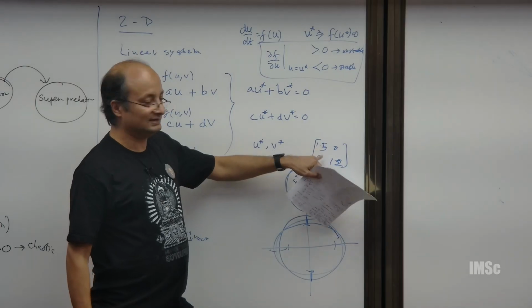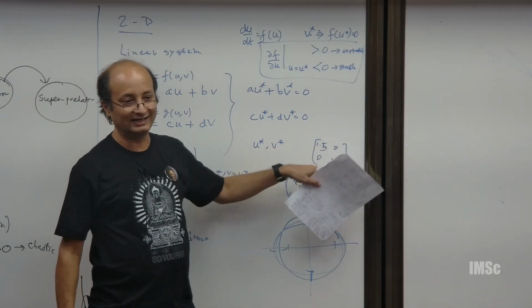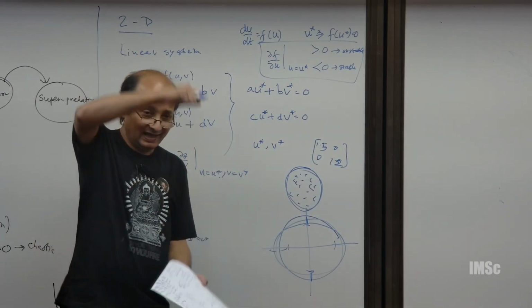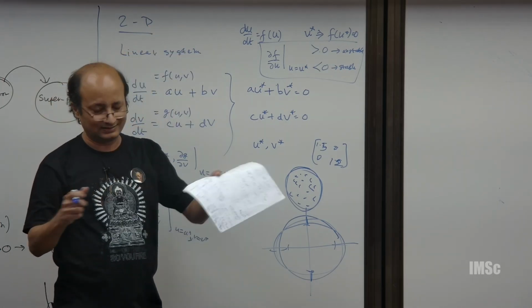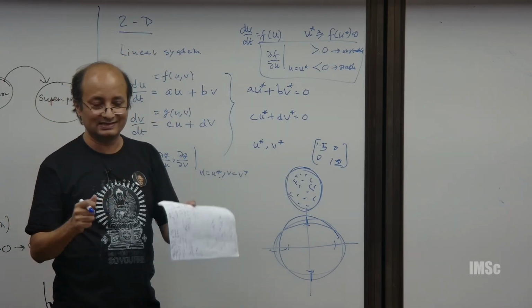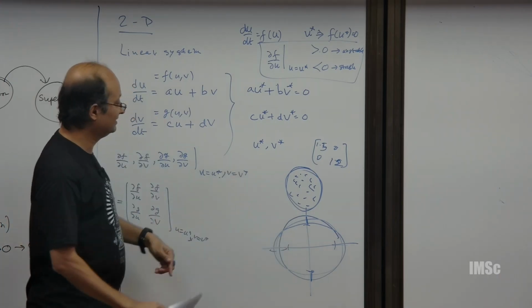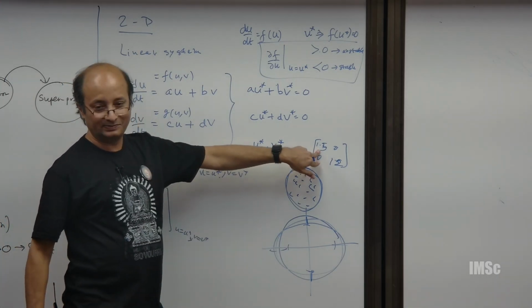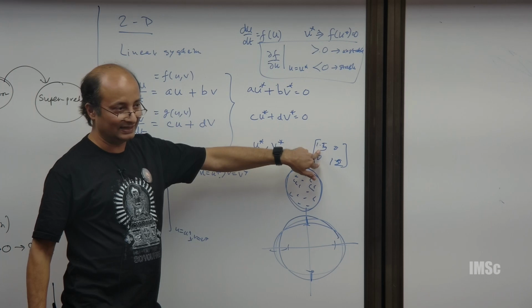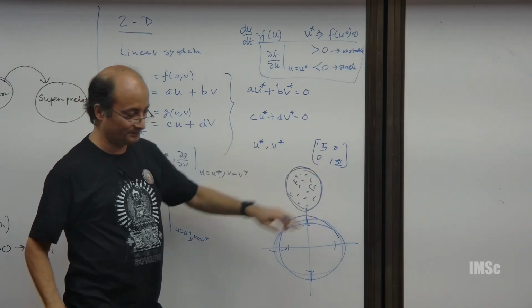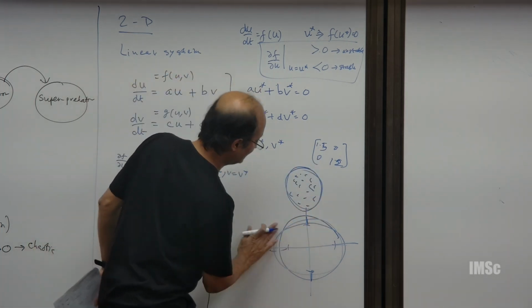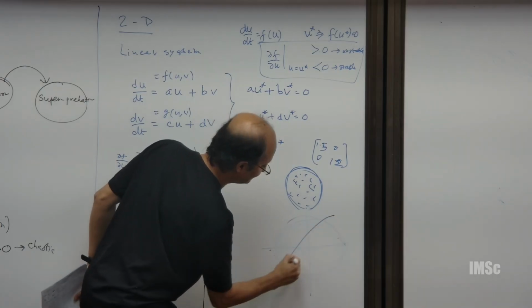The diagonal elements are finite, the off diagonal elements are zero. So what happens along x and along y is only linked to the multiplier of x and the multiplier of y. But suppose it looks something like this.